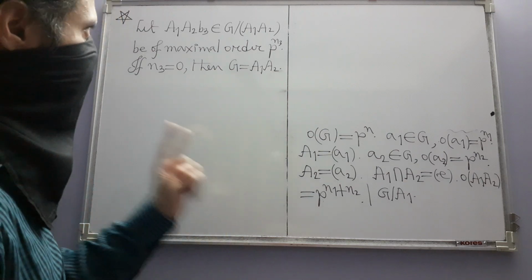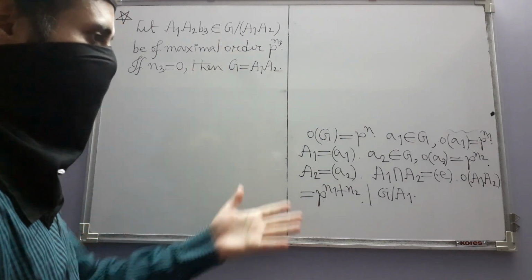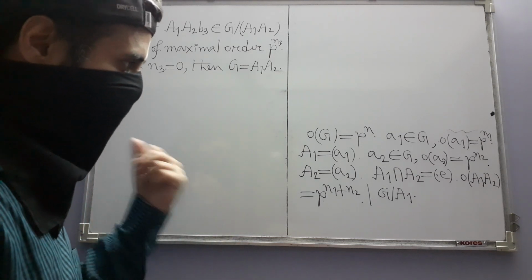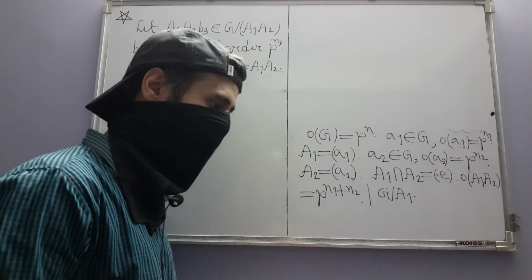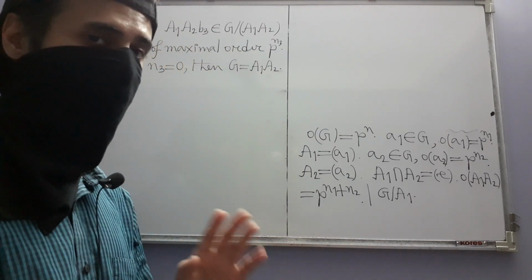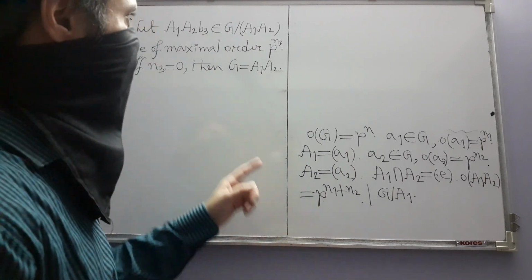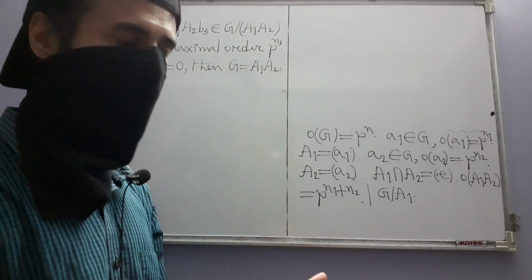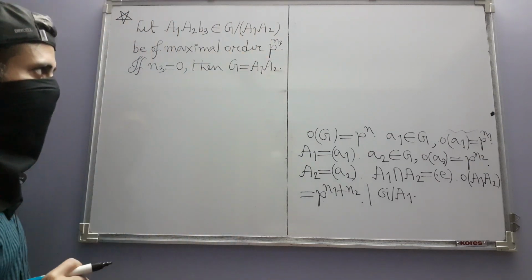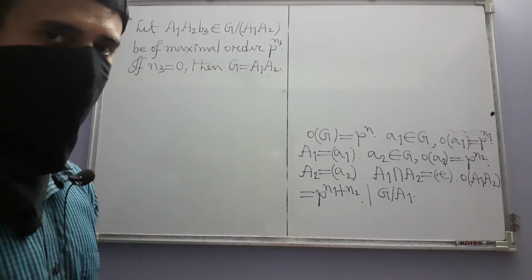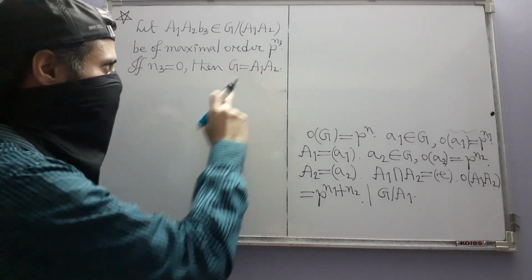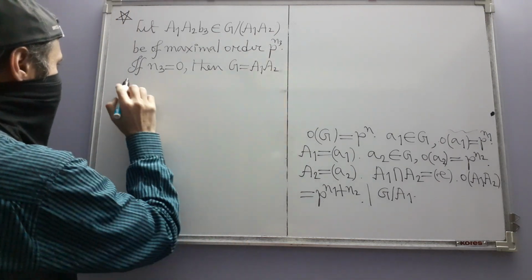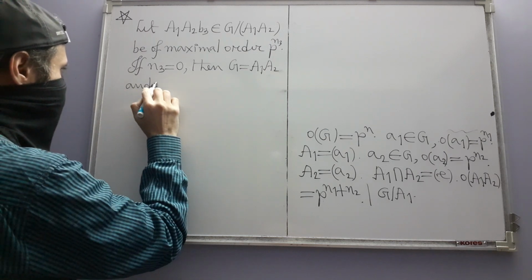And that happens only when there is nothing other than the identity element in the group. Every non-identity element, if it has finite order, cannot have order 1; it will be greater than 1. That is why, if this is the case, then this quotient group is the identity. But in that case, G has to be equal to A1 A2. Then our proof just stops. We have shown that G is the direct product of these two cyclic groups, A1 and A2, and we are done.